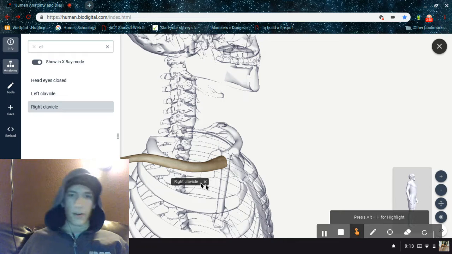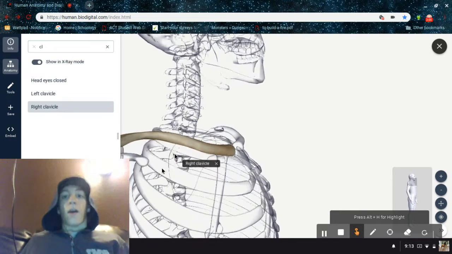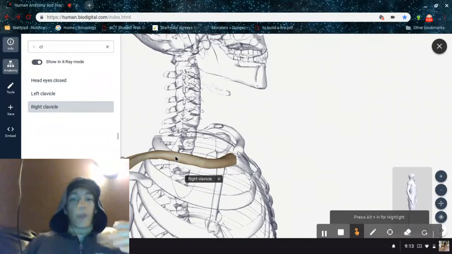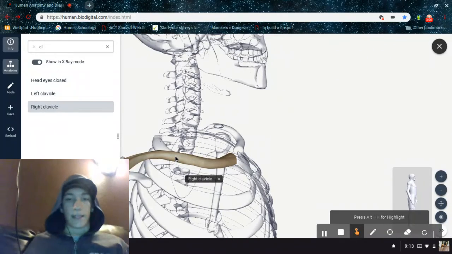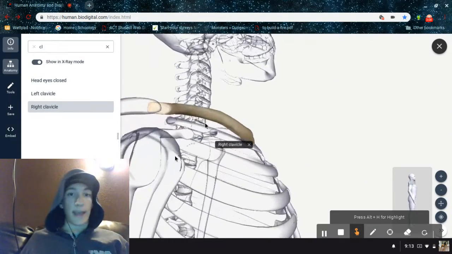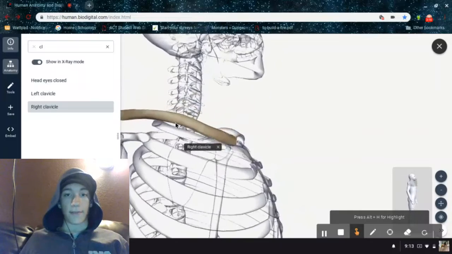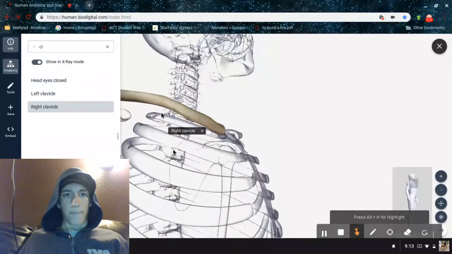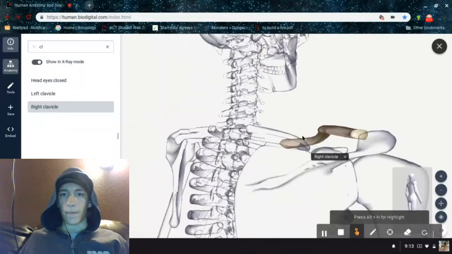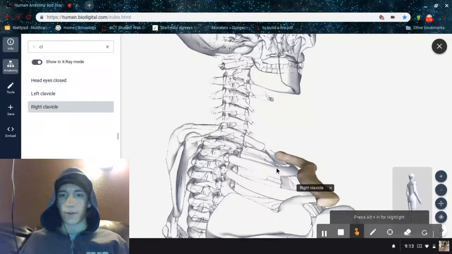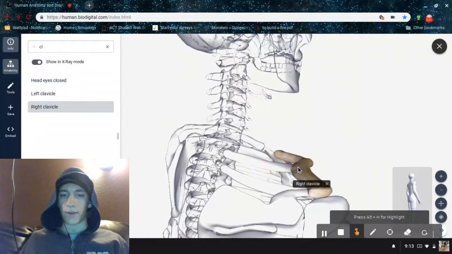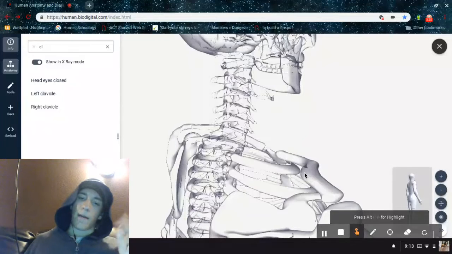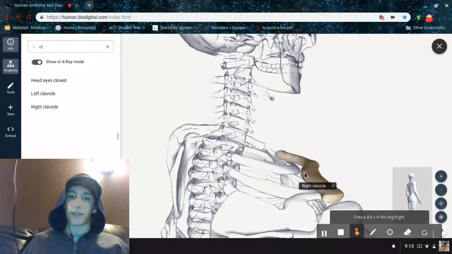And your conoid tubercle. All right, here's another new bone structure name that we need to know in any human anatomy class, whether or not you go to Lincoln High like I do right now. A tubercle is an attachment point, usually an outgrowth of bone, where a muscle will attach.